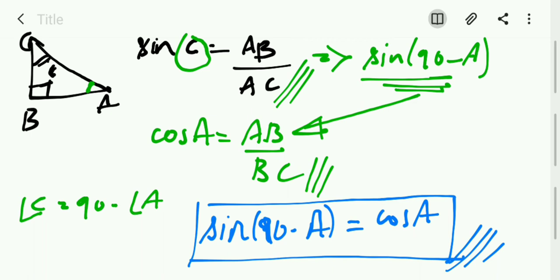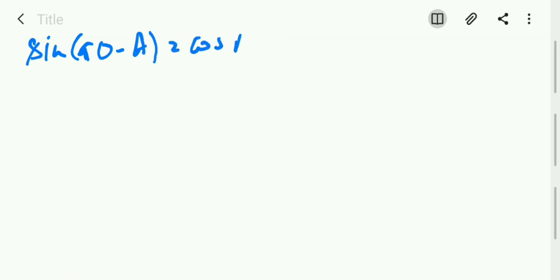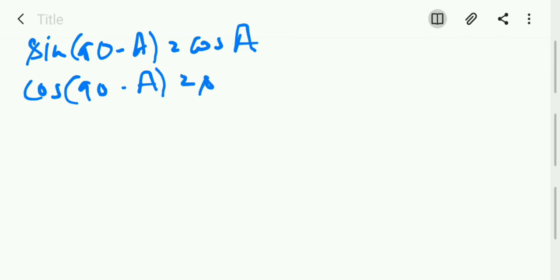So we came to know that sine 90 minus A is nothing but cos A. Similarly, cos 90 minus A is nothing but sin A, and it just continues for the rest of the trigonometric ratios.